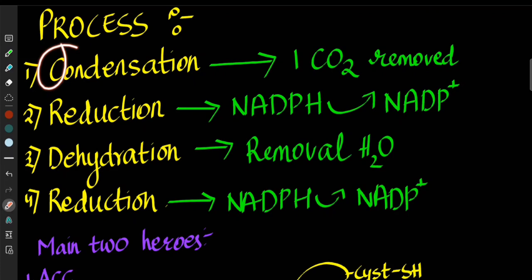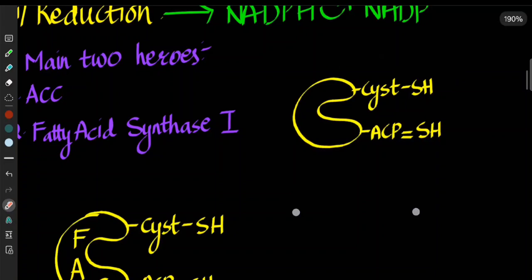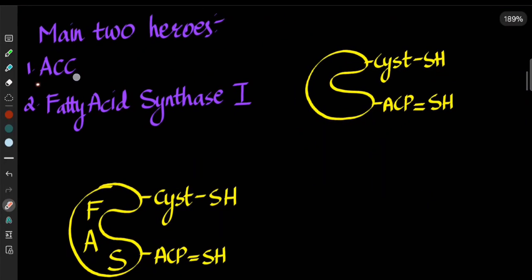Now the main 2 heroes of this process are the ACC enzyme, the acetyl coenzyme A carboxylase, which I talked about, and another enzyme, fatty acid synthase 1. We have to be specific, that is 1. If you see out here, this is the structure of fatty acid synthase.